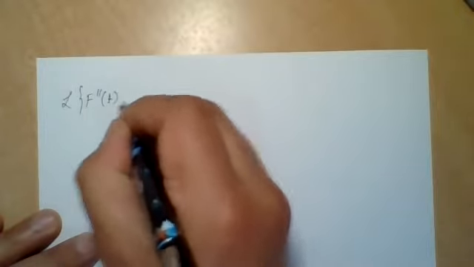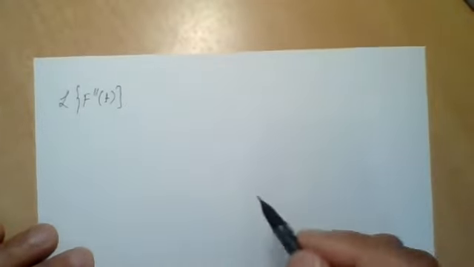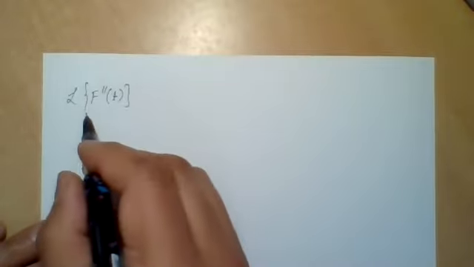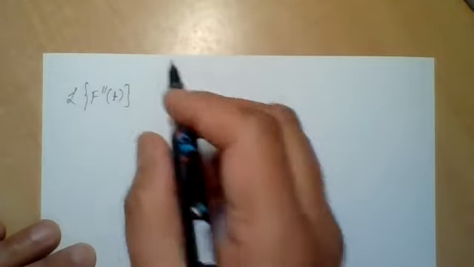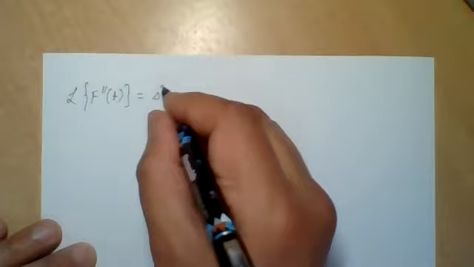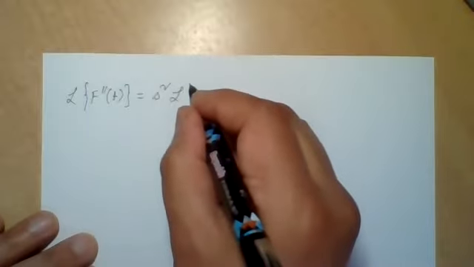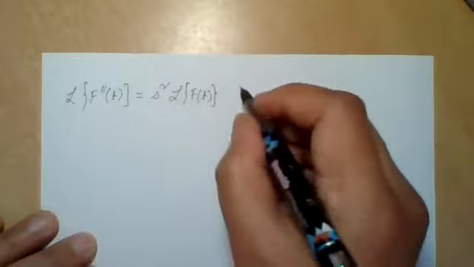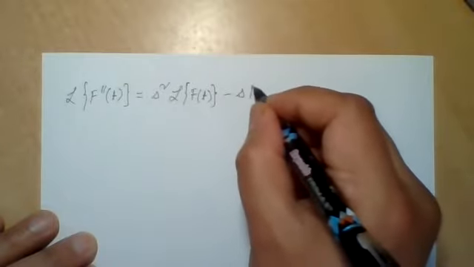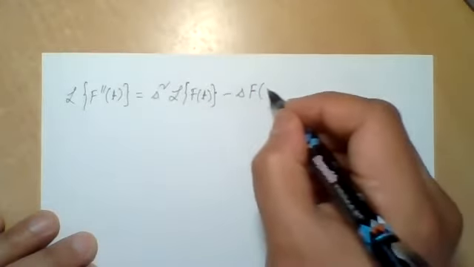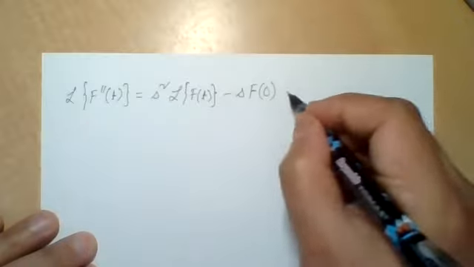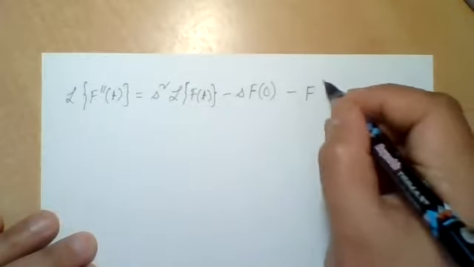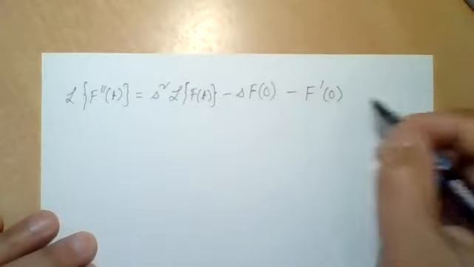What will be the Laplace transform of the second order derivative of f? The Laplace transform of the second order derivative of f is given by s square Laplace transform of f of t minus s times the value of the function f at t equal to 0 minus the derivative of the function calculated at the point t equal to 0.